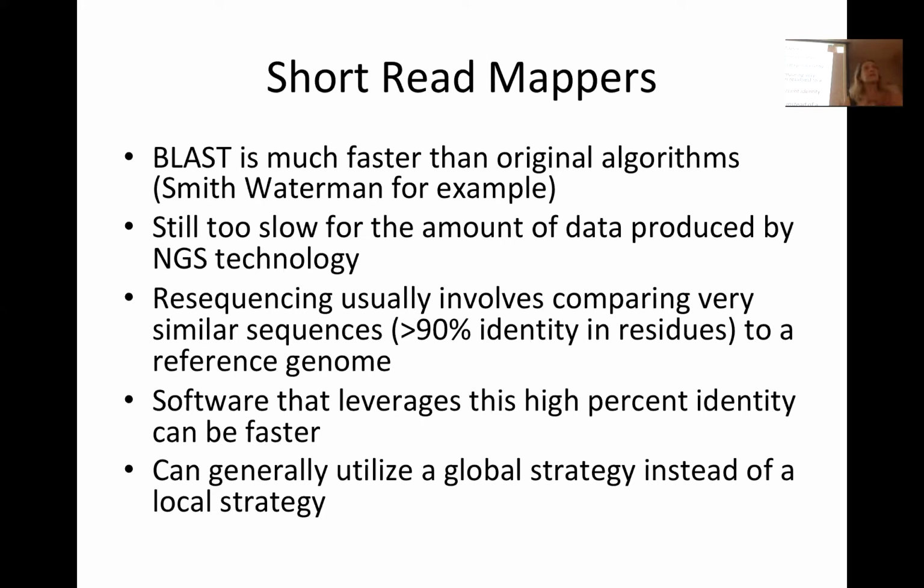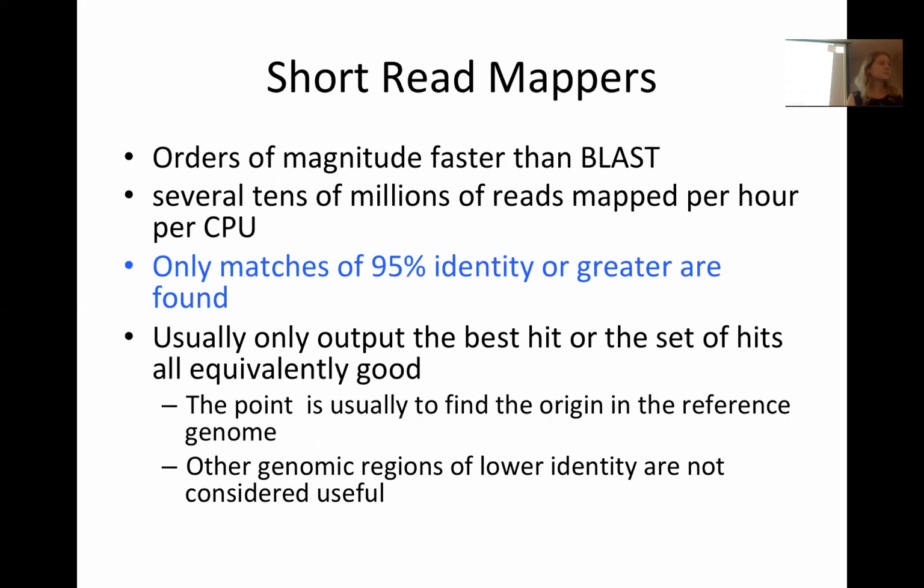And by leveraging the constraint that we're only going to look for very exact matches, the software can get much, much faster. This will also generally utilize a global strategy instead of a local strategy, again, to speed things up. Several tens of millions of reads can be mapped per CPU hour. So this was a huge improvement over BLAST.